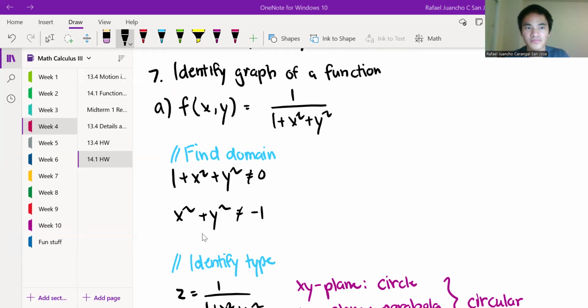Okay, here I'm checking. Let me just do z equals 1 over 1 plus x squared plus y squared. So there's a hump in the middle.